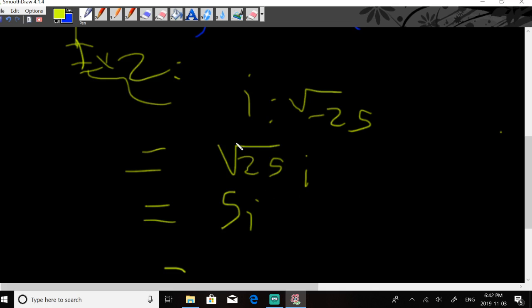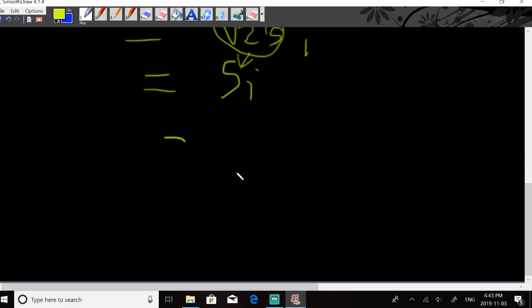So the first thing you do is take out this negative, and then you put an i at the end of the square root of 25, and then you simplify the 25, and you get 5. Very basic. I'm not good at math, but that's pretty basic.